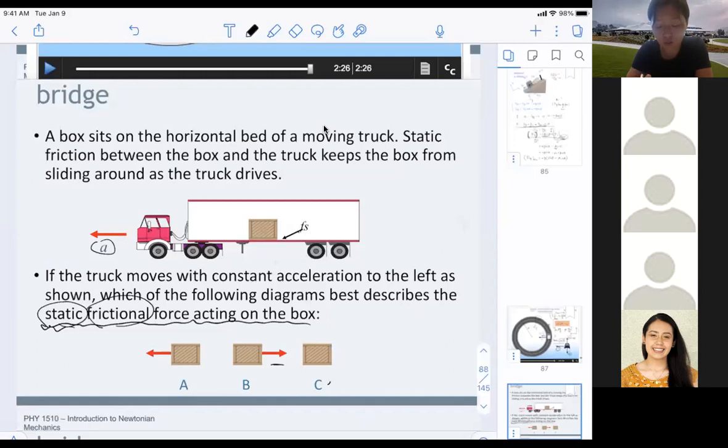So we can change our point of view to think about what is the status of motion of the box and what kind of acceleration the box has. And that will tell us which way the static friction has to be pointing. So what can we say about the box acceleration?